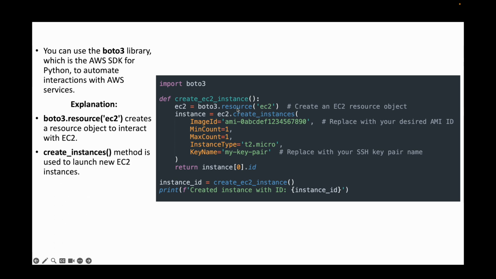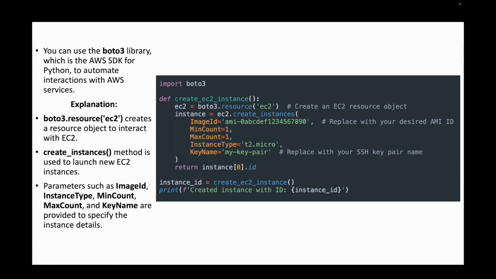Then we are using the create instance method to launch an EC2 instance, and then we are providing the details as to which AMI to use, how many instances we want, the instance type, and all those details. Based on the instance that you want to launch, this will launch when I run this script. It will take these details and then launch an instance for us. So here we are also getting the instance ID and we are printing it.